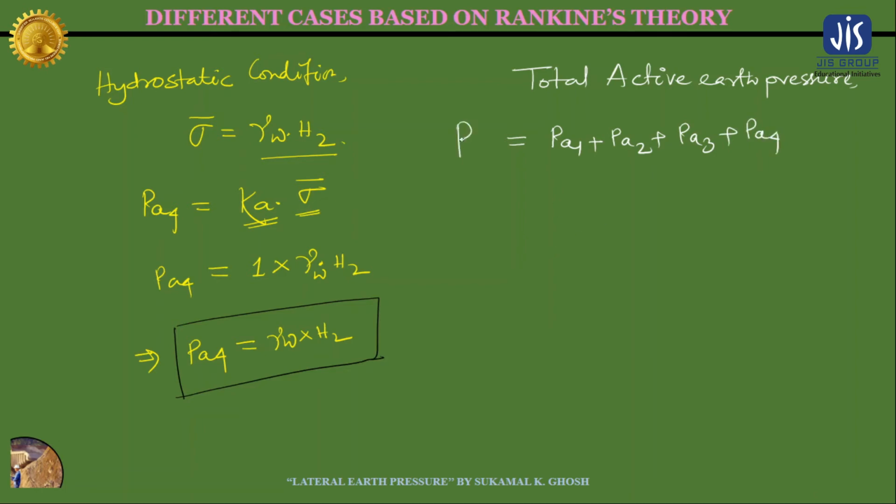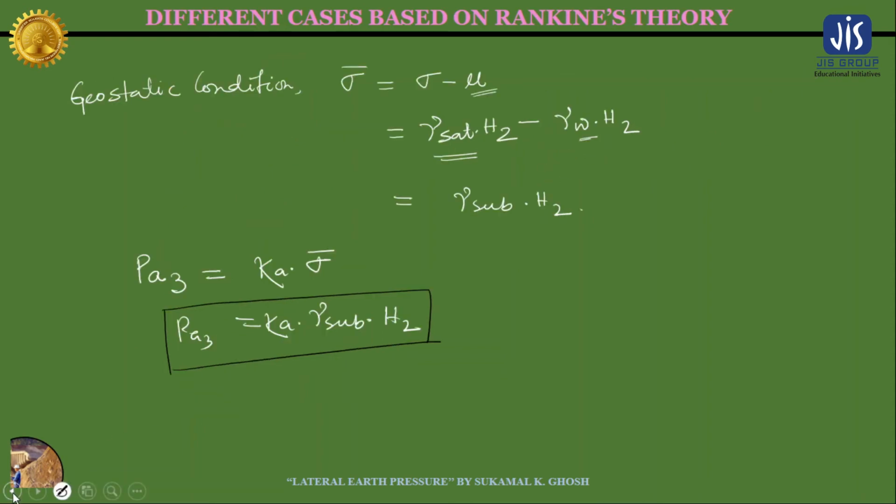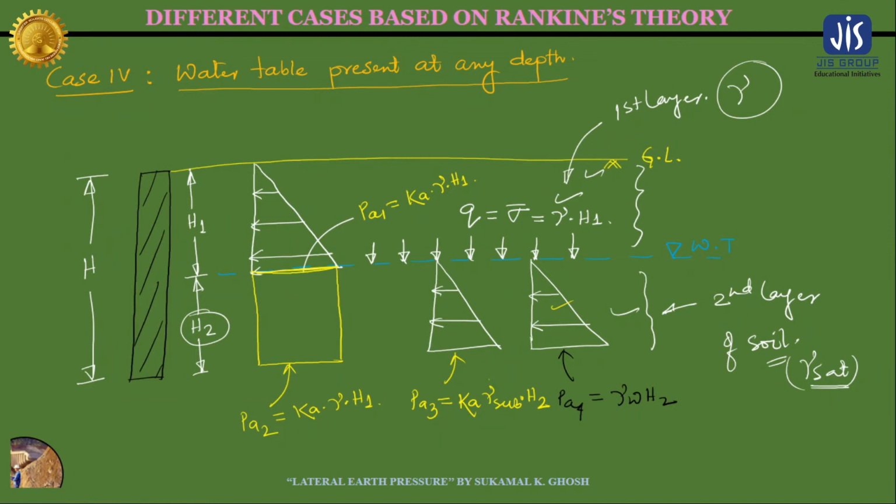Okay, and this PA. So if you write all the expression for this active earth pressure, then we will get the total active earth pressure. So let me write it here. The PA1 was, let me check. See, the PA1 is Ka into gamma into H1, and PA2 also Ka into gamma into H1, and PA3 is Ka into gamma submerged into H2, and PA4 is gamma W into H2.